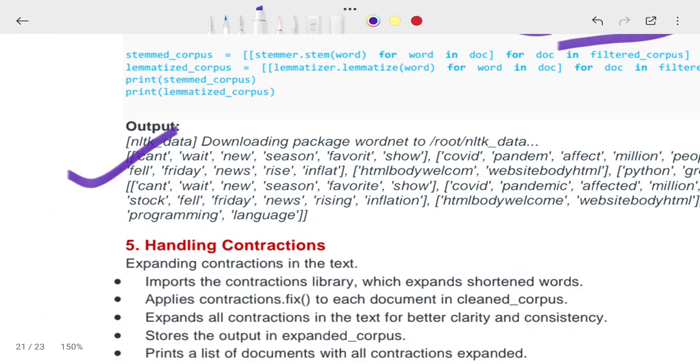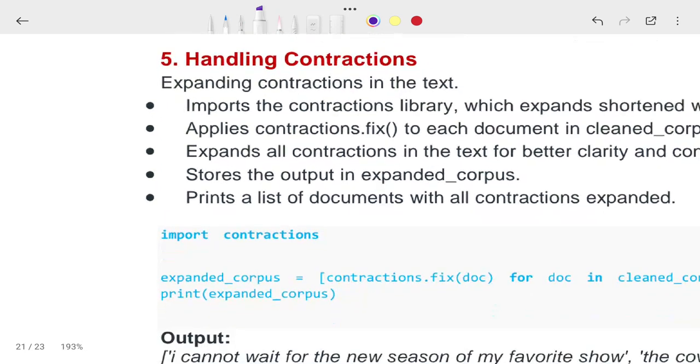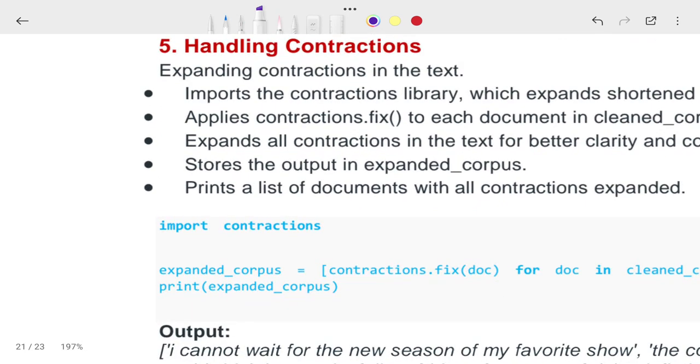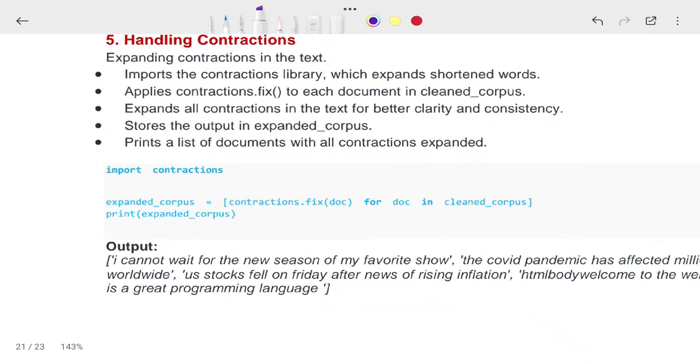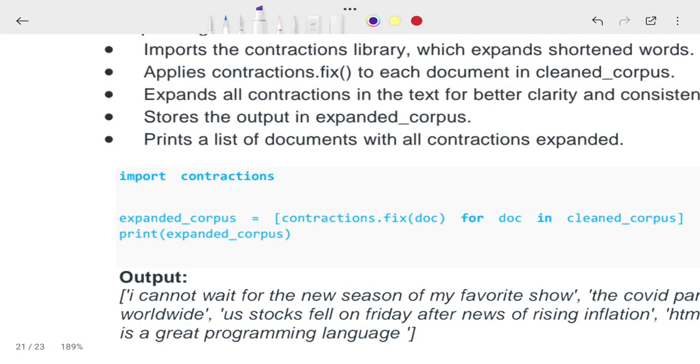And at last, this topic is very important: contractions. What is the meaning of contractions? Contraction means replacing the missing letters of a two-word phrase with a shorter form.